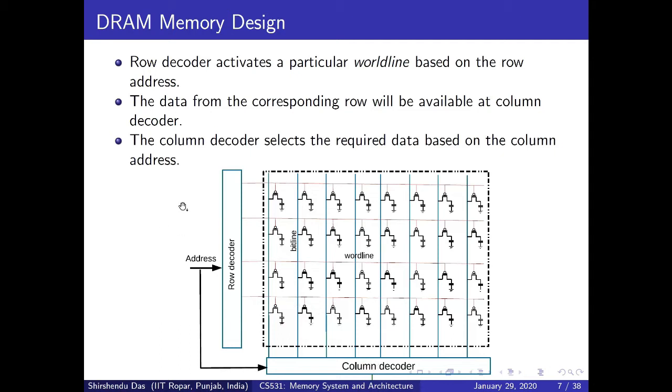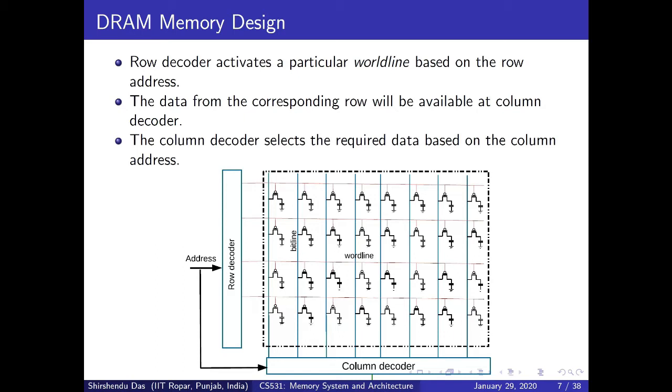So first we activate row number 1, then the entire content of this row is available in the row buffer, and then I supply the address of the column, and the corresponding content of this column comes out from the row buffer through this line. This is how the read is performed.